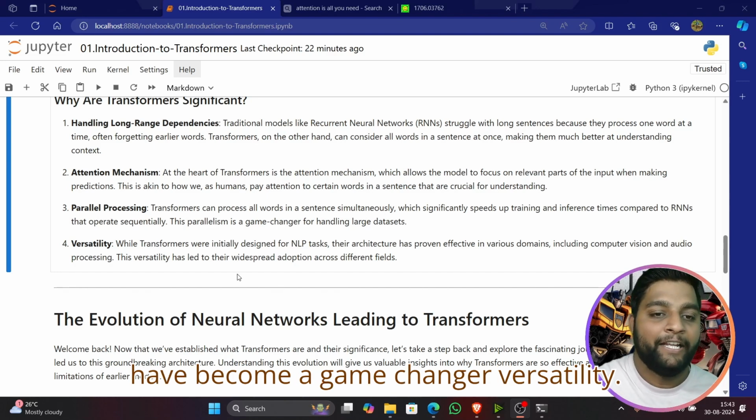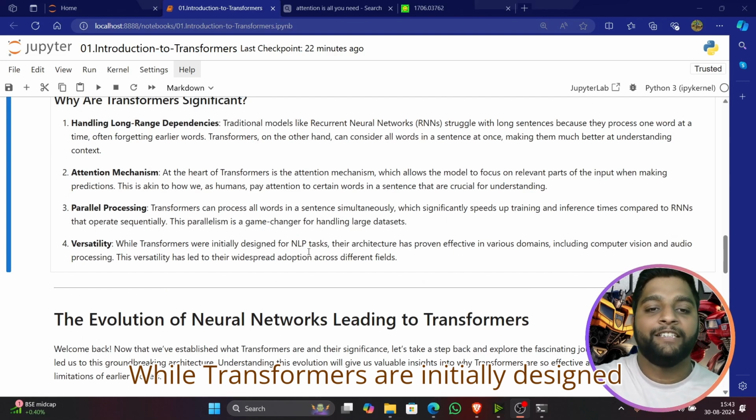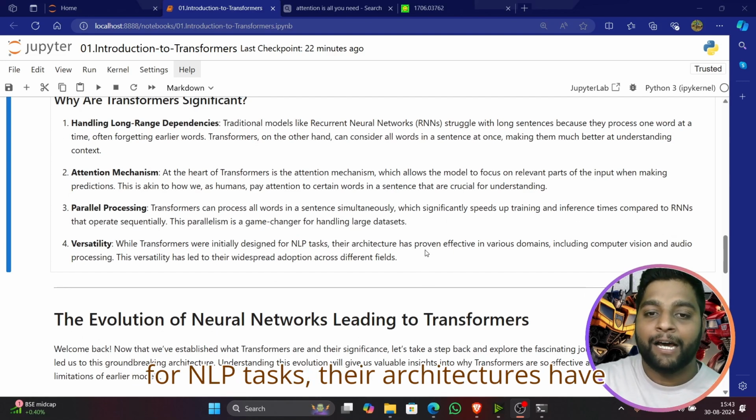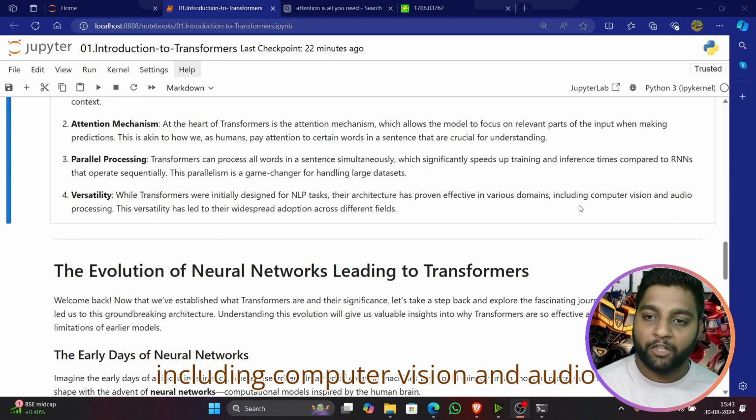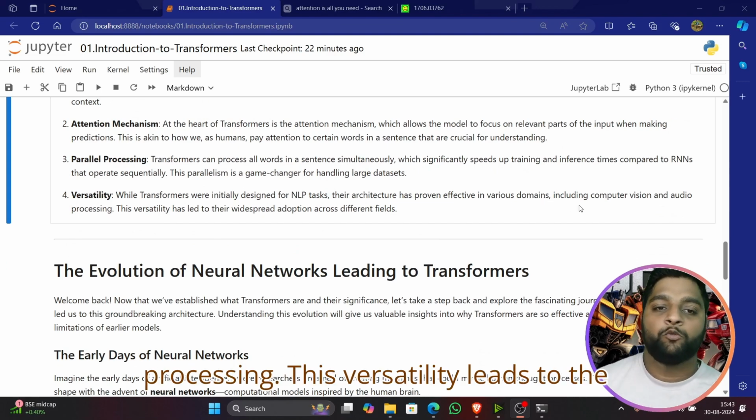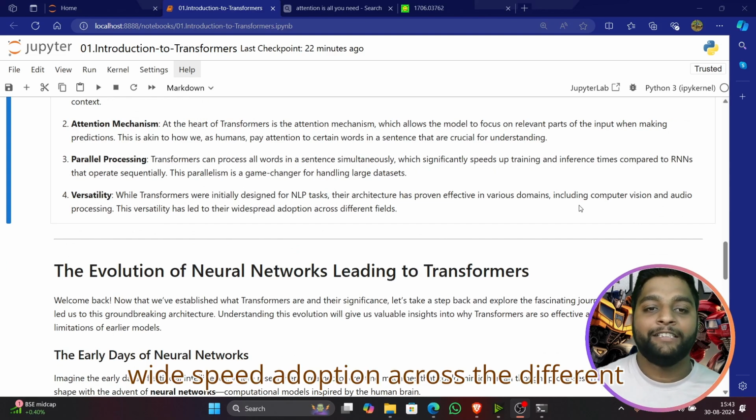Versatility. While transformers were initially designed for NLP tasks, their architectures have proven effective in various domains, including computer vision and audio processing. This versatility leads to widespread adoption across different fields.